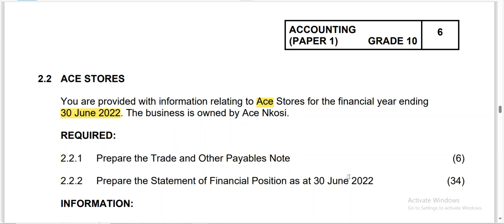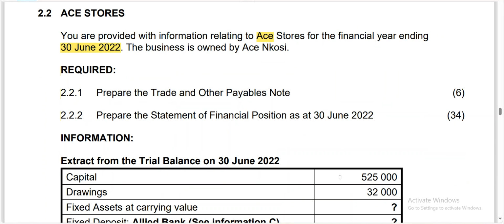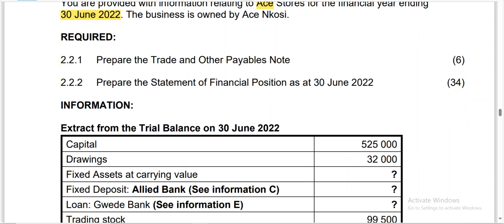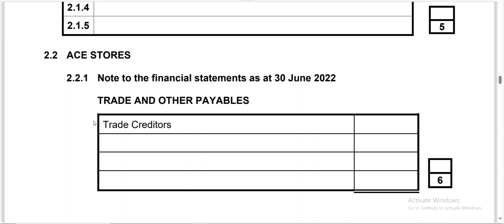Now, like I always say, grade 10s, the most important thing that you need to do is to always start with your structure. We know that in our trade and other payables note, we are supposed to have prepaid expenses, income received in advance, and other things, but you need to check what you are going to have. Prepaid expenses are expenses that have been paid before time.